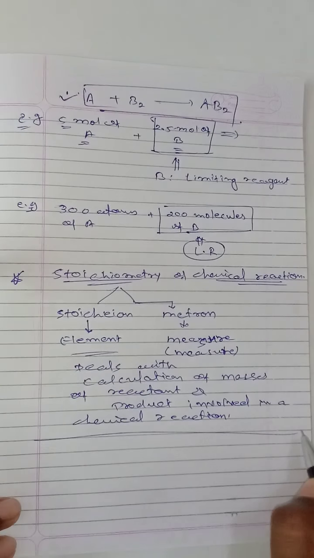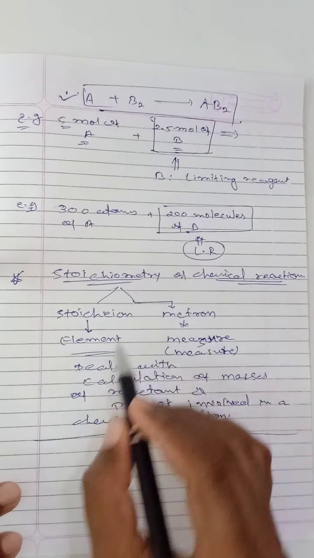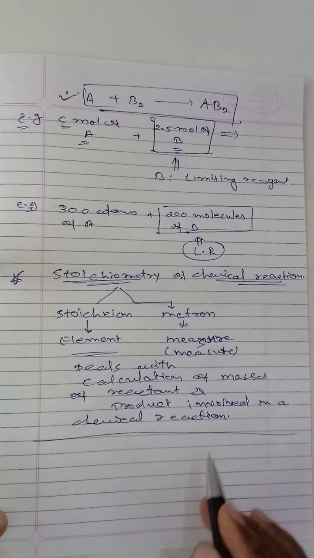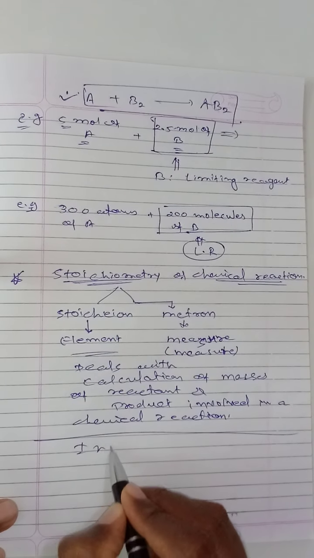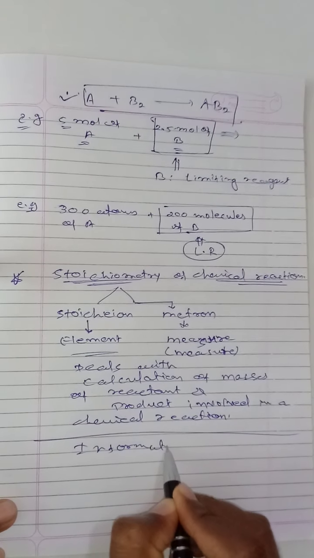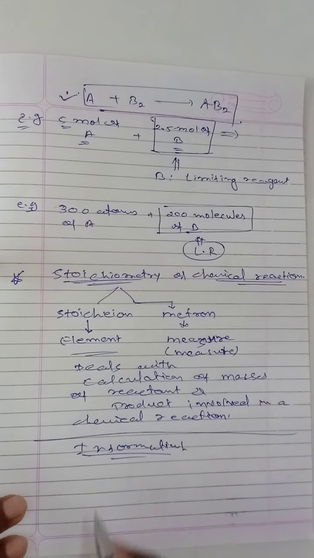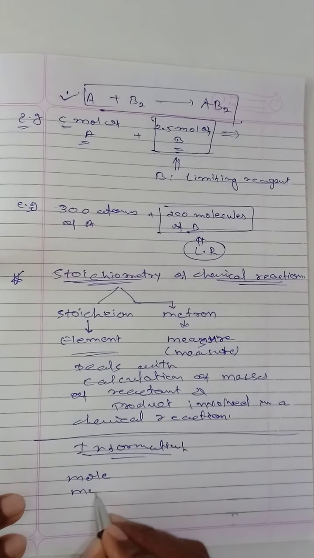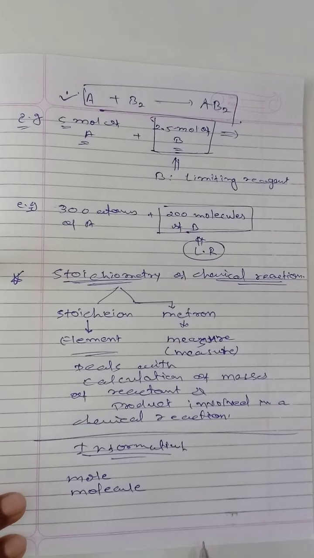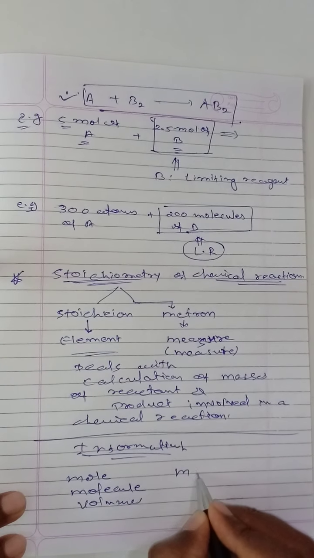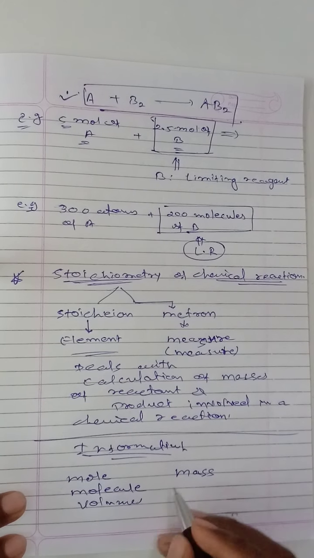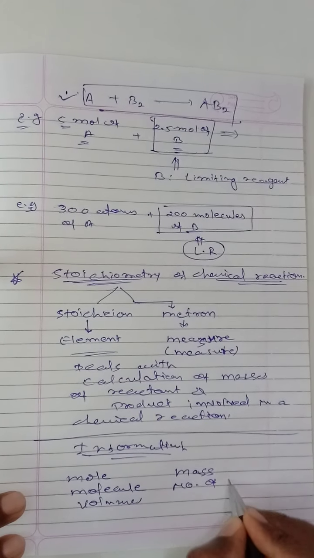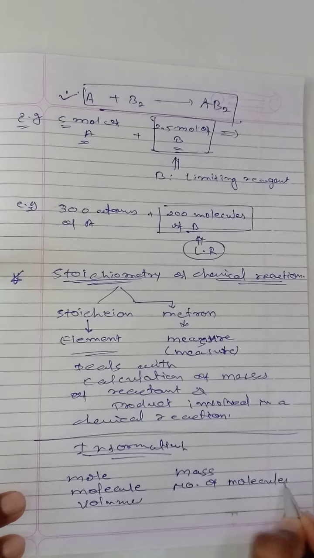What type of information is available from stoichiometry? Let's see here the information like mole, molecule, volumes, then mass and number of molecules.